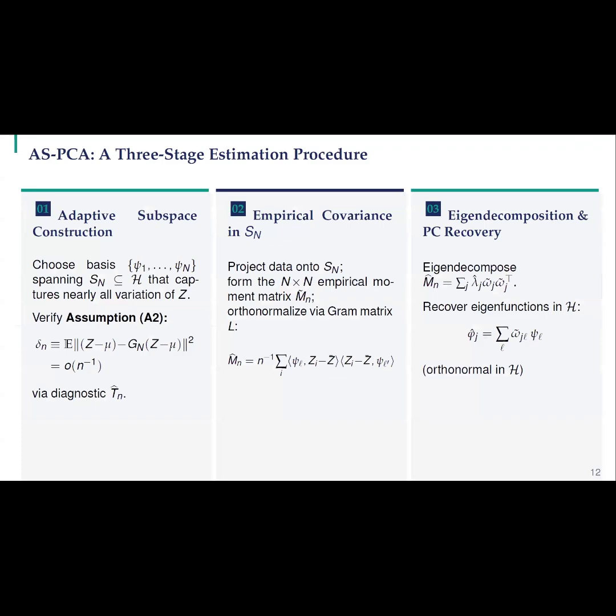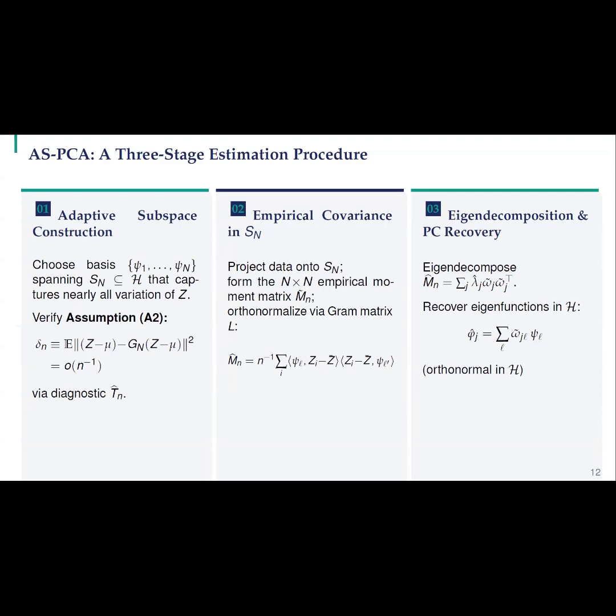Okay, three-stage estimation procedure. You need some sort of basis to work with. In this case, we use a particular type of spline that can fit on a triangulation where all the edges touch and they're smooth. That type of spline is very easy to work with. You can extract it from the pixels, or you can do it in other ways.